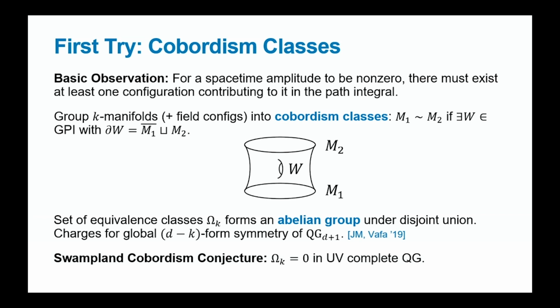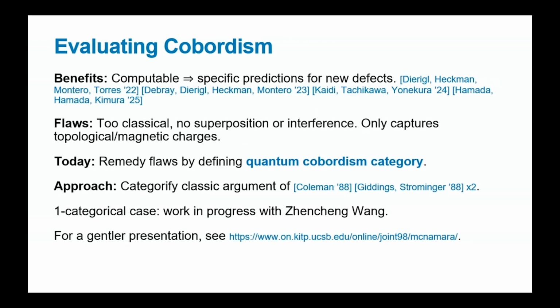I'm going fast through this because I want to have time to describe the new stuff. So let's evaluate how good a job we've done at quantifying all possible conserved charges in this gravitational path integral. One important benefit of this description is that these cobordism groups are computable.